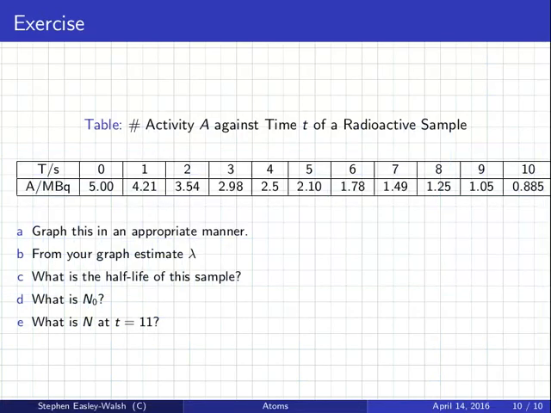Anyways, the n0, how did I get the n0? Formula. Yeah, which one? A0 equals n0 lambda. So then n0 will be A0 over lambda. So that's 5 times 10 to the 6 over 0.17. What's that? 5 times 10 to the 6 over 0.17?